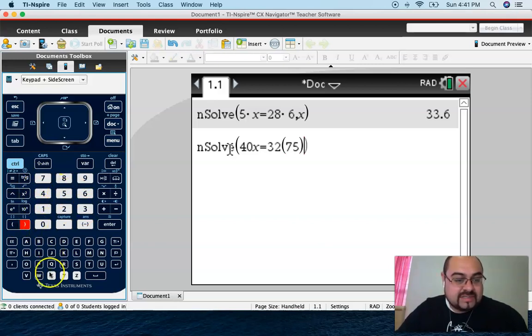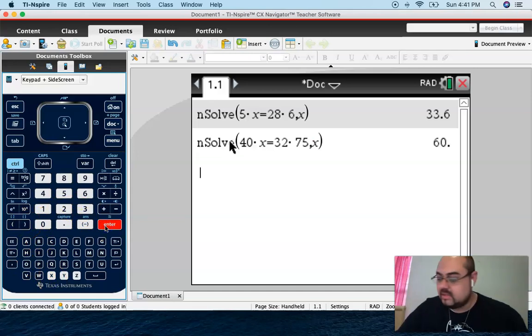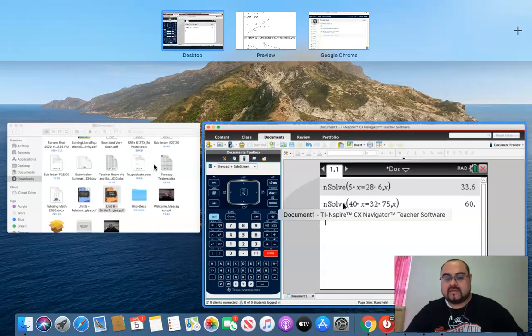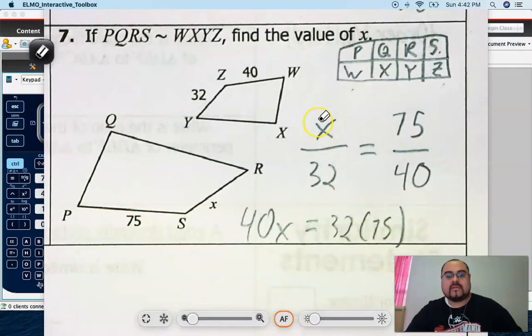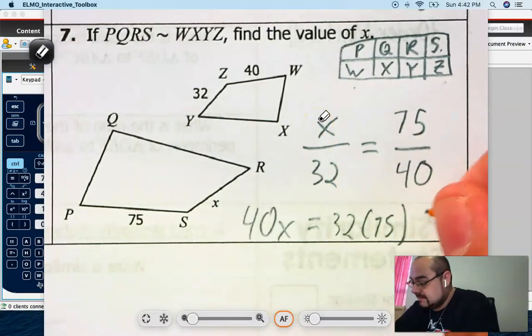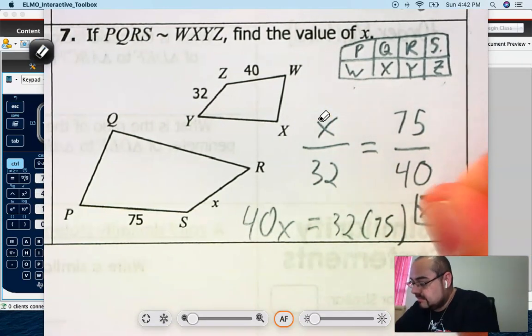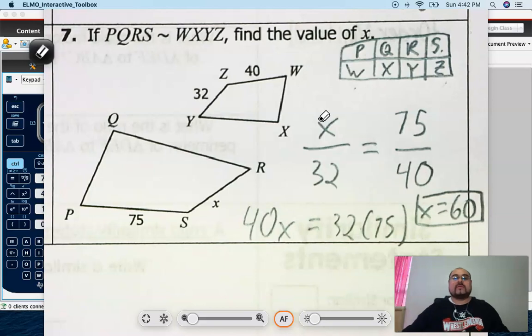Before we close out the master parentheses, let's tell the calculator I'm solving for comma x. Hit enter, and we'll get your answer. X is equal to 60. Okay, and that'll be your answer.